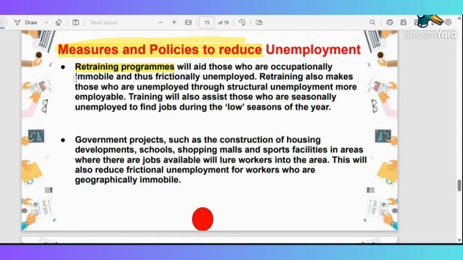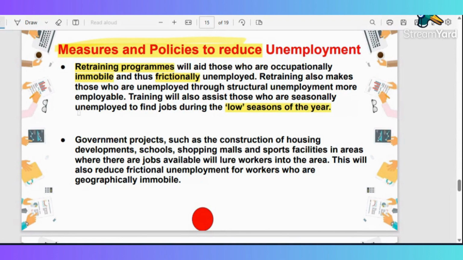Immobile, they are fixed, and thus frictionally unemployed. Retraining also makes those who are unemployed through structural unemployment more employable. Training will also assist those who are seasonally unemployed to find jobs during the low seasons of the year.